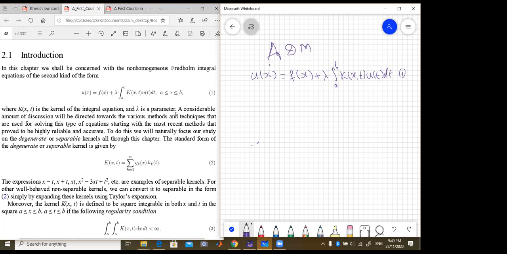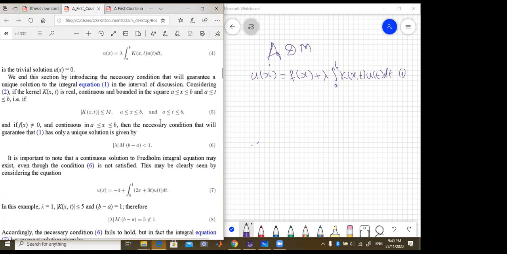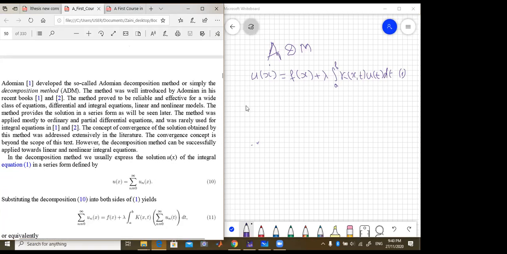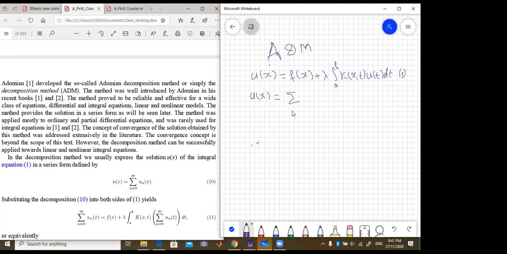Now, to solve this equation 1, what Adomian did is search for the solution in the form of a series. I'm just repeating because previously we started, but never mind, because today we have many new participants. So we search for the solution in series form, the sum over n from 0 to infinity of u_n of x.